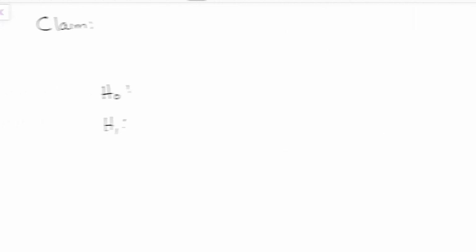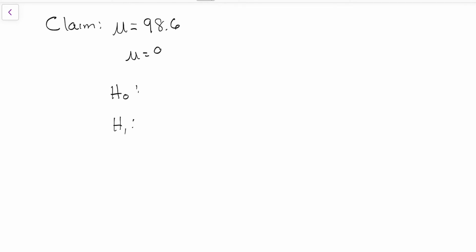This example is going to be different because our claim symbolically is that the mean is equal to 98.6. And again, when building the alternative and null hypothesis, we take our claim of our mean being equal to 98.6 and convert it to the complete opposite. Well, the opposite of equality is not equals 98.6.